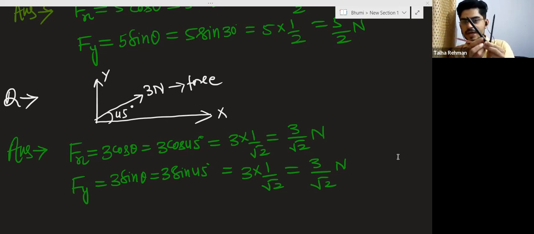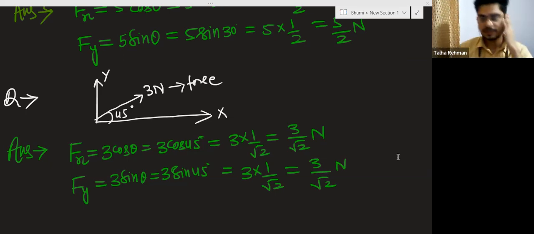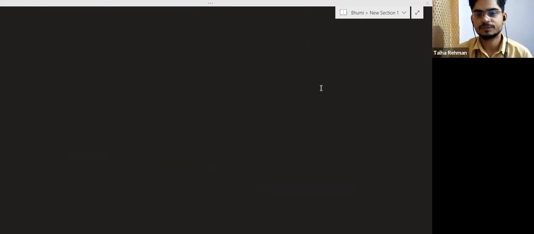What I am doing, I am taking the component. There are two components of this vector. One is along this axis and one is along this axis. So I am taking the component of this, means you can say the projection of this on this axis or on this axis. That thing I am doing here.